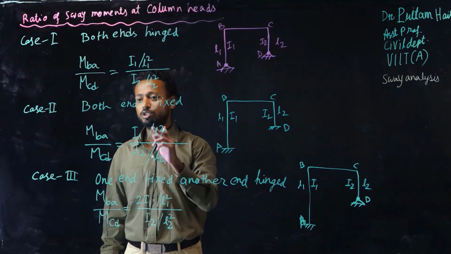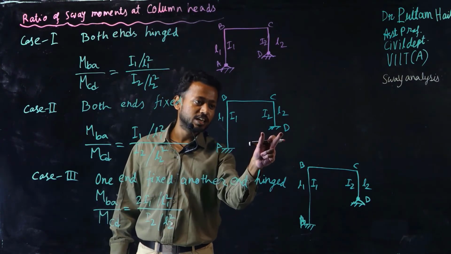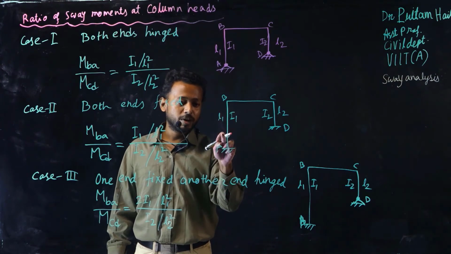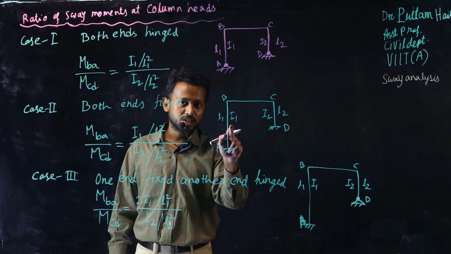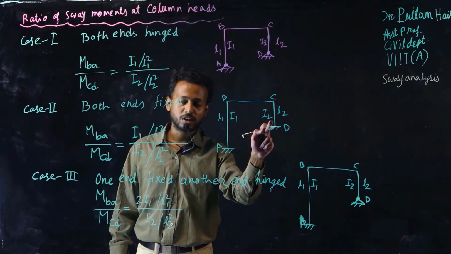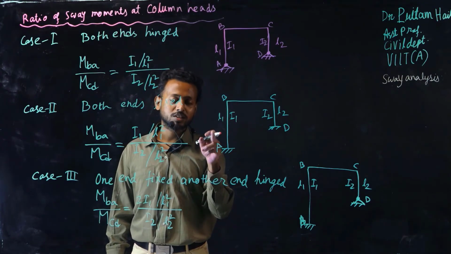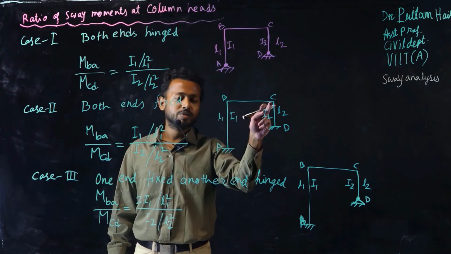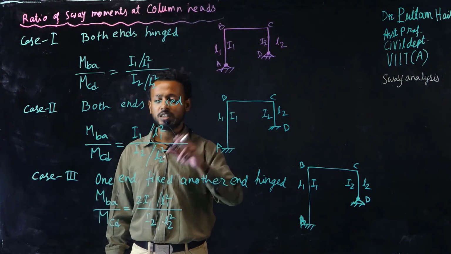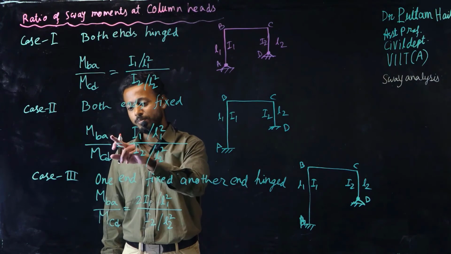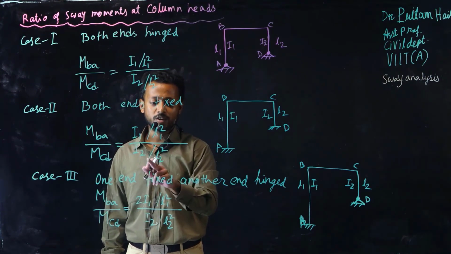Right? Case 2, both the ends are fixed. That means this end and this end are fixed. This member length is L1, the other is L2, with moments of inertia I1 and I2. In this case, the ratio of sway moment at the column head, MBA by MCD, equals I1 by L1 square divided by I2 by L2 square.